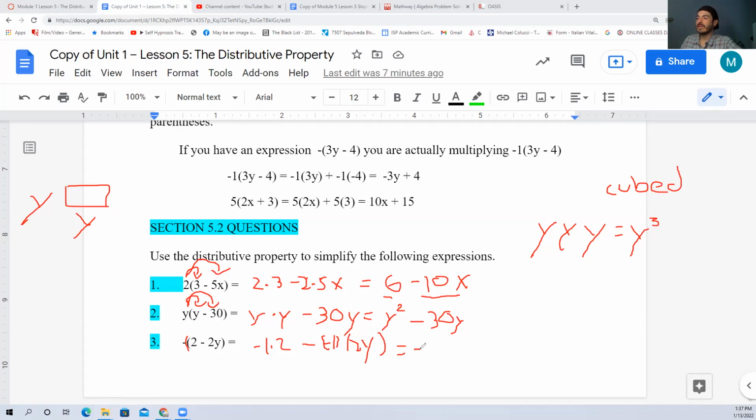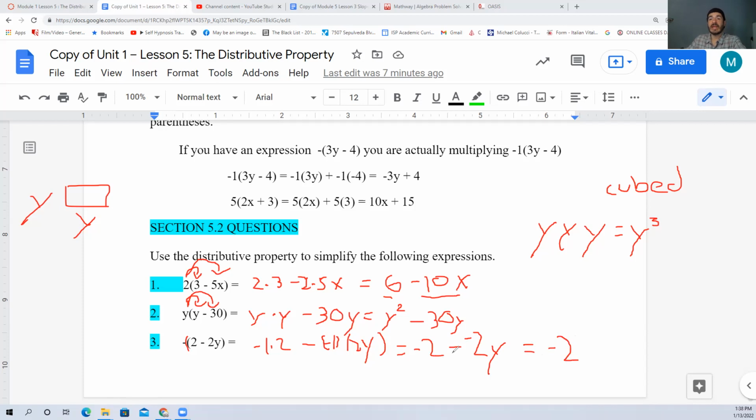-1 times 2 is -2. I have a whole bunch of crazy negatives here. I'll rewrite it this way. Here's my subtraction. -1 times 2y is -2y. I would accept that as an answer, but if you really want to be slick about it, you can say -2.